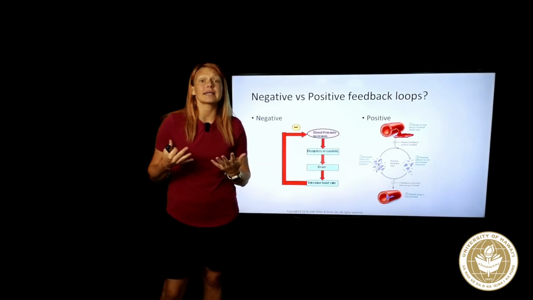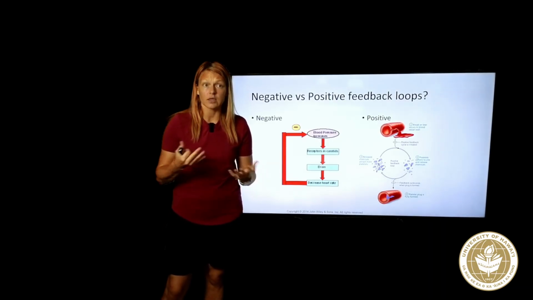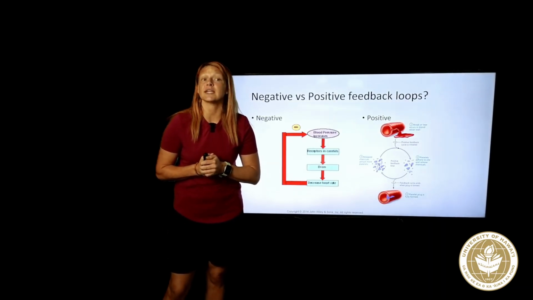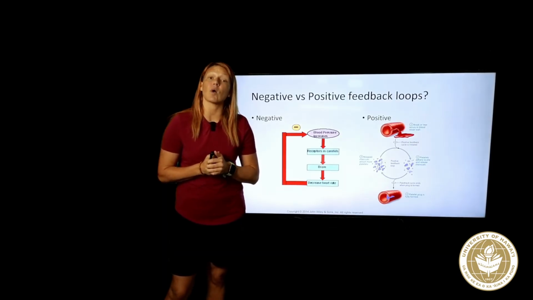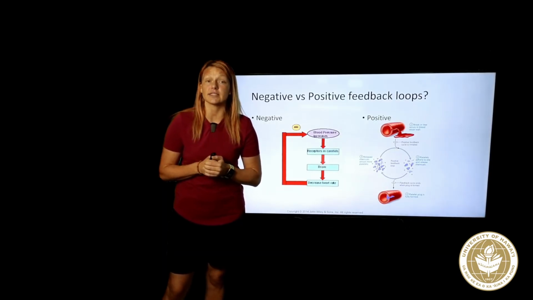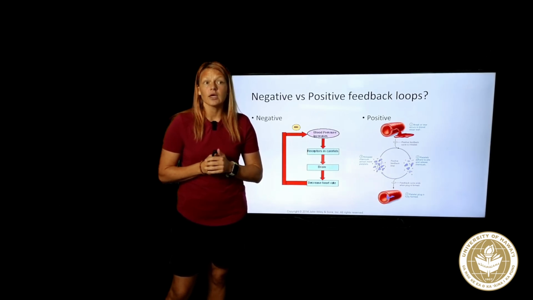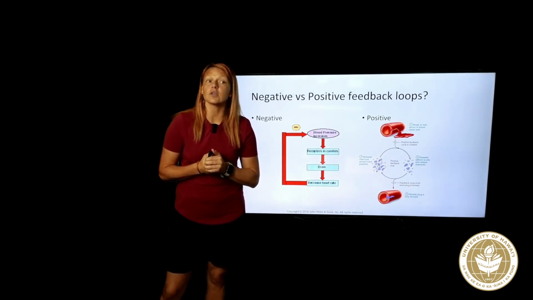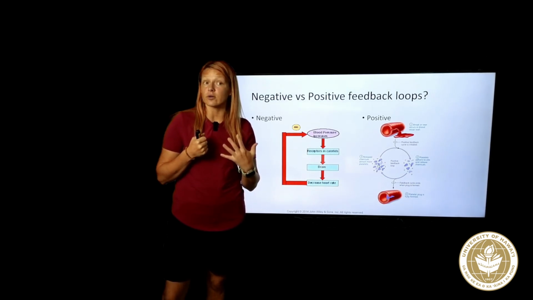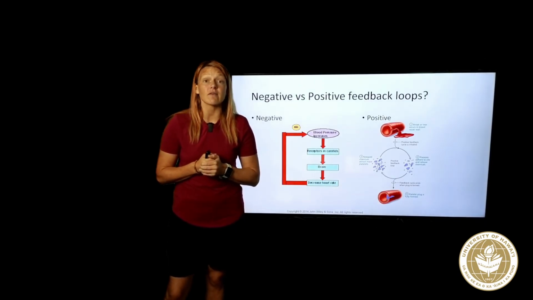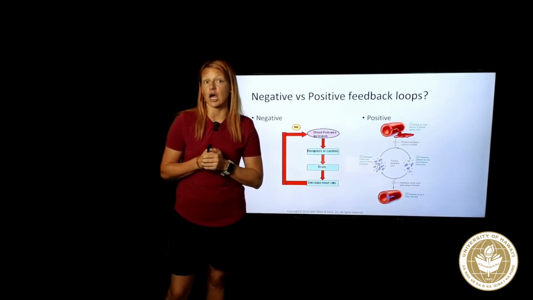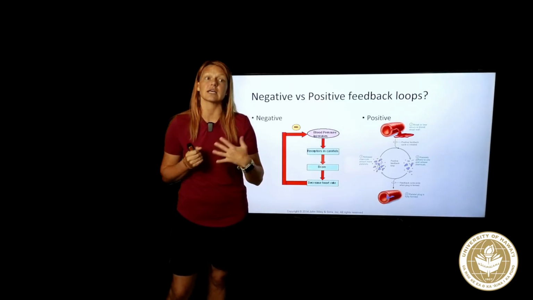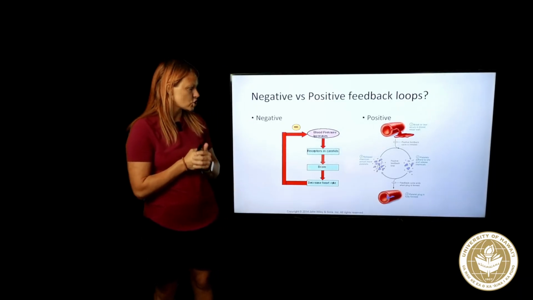So negative feedback is a type of feedback that is more common. It is going to oppose an initial change, and it is widely used within our bodies to maintain homeostasis. Change in a controlled variable is going to trigger a response that drives that variable in the opposite direction of the initial change, thus opposing that change.